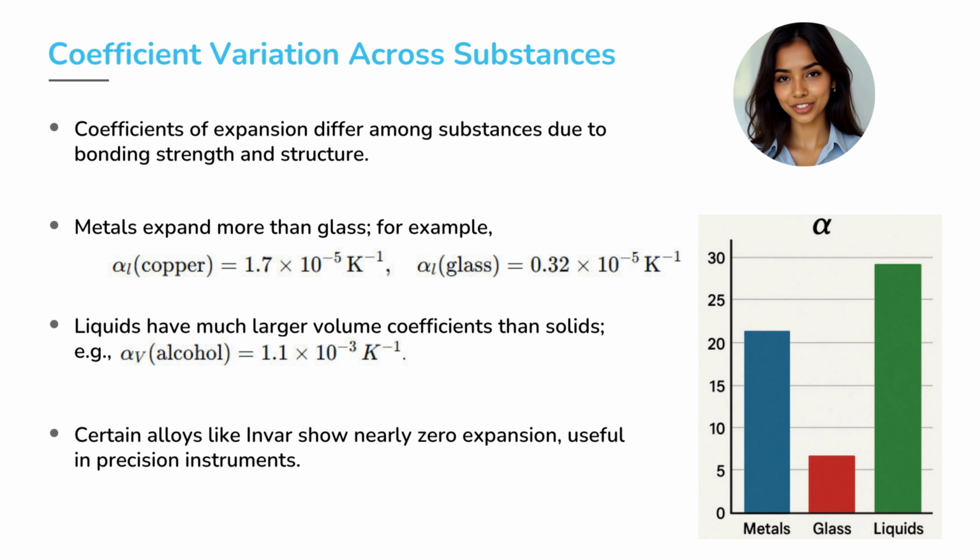That's why invar is used in precision devices like pendulum clocks and scientific instruments, where even a tiny bit of expansion would cause big errors. So, the rule is simple: strong bonds mean small expansion, weak bonds mean big expansion.